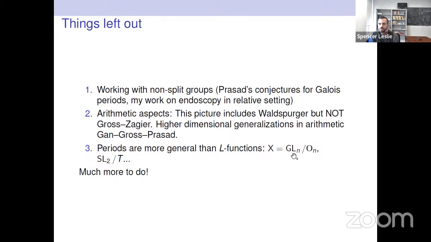The orthogonal period on GLN has been studied by Jacquet and is conjecturally related to metaplectic automorphic forms. And also, if we replace Waldspurger's problem on GL2 with SL2, things become kind of interesting and a little mysterious. And to my knowledge, that's been explored by work of Anand Varadhan and Prasad, but is still not fully understood.